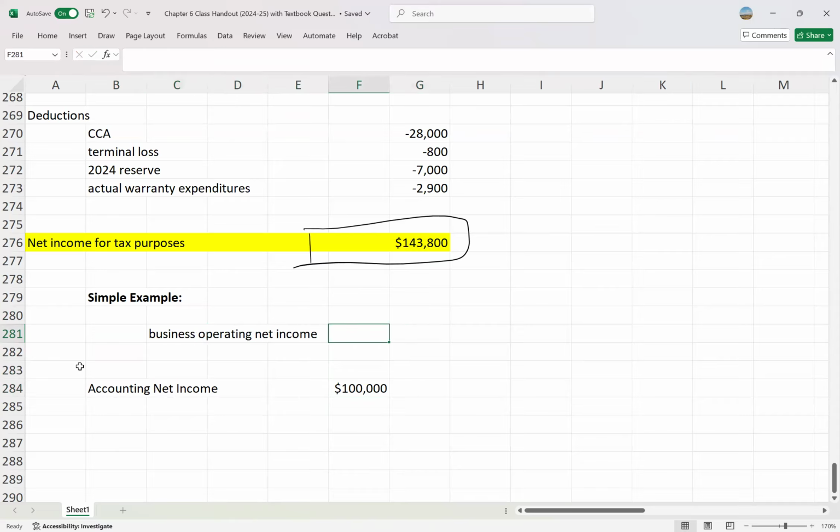So the business operating net income, let's say, is 85,000. And then let's say also on the income statement, we have this gain on sale of capital asset. And let's say the gain was 20,000. And then let's say there was also a loss on sale of capital asset. And this loss was 5,000.